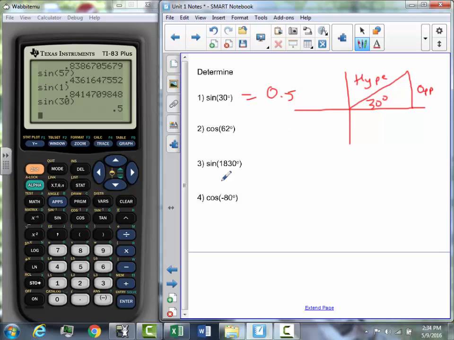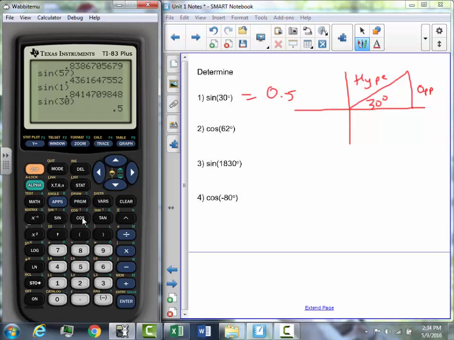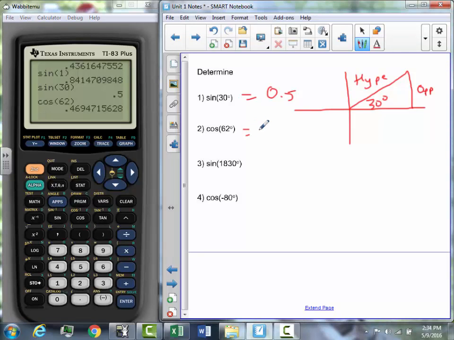Let's try another one. Cosine of 62. Well, it's easy to type in, right? It's 0.469, give or take. Here's what that means. Do you guys remember how cosine works? Remember the SOHCAHTOA thing? Sine is opposite over hypotenuse. Cosine is adjacent over hypotenuse.